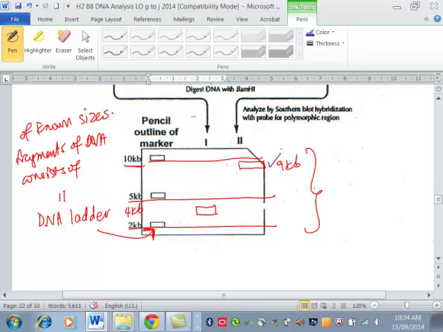On top of that, I want you to write there what I learned from this activity. Number 1: what I learned from this activity is that the bands look different after gel electrophoresis and nucleic acid hybridization when I add probes. Number 2: usually the number of bands after nucleic acid hybridization with probes is lesser than after gel electrophoresis.